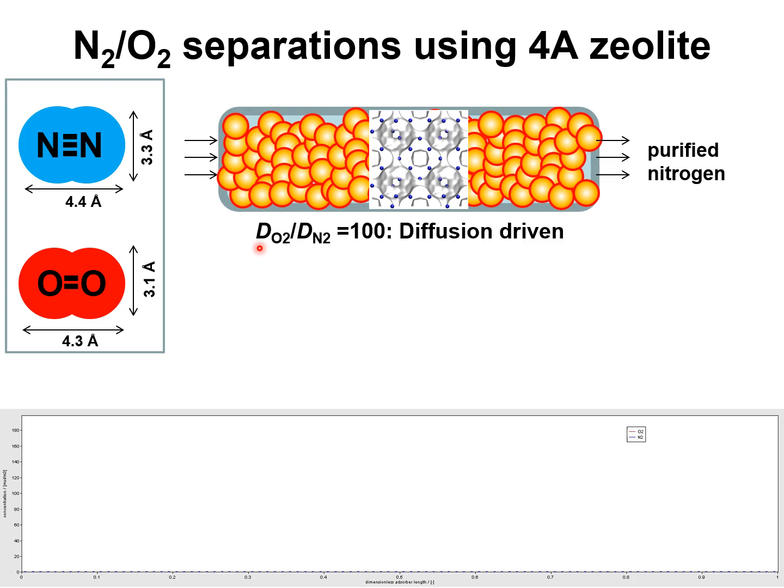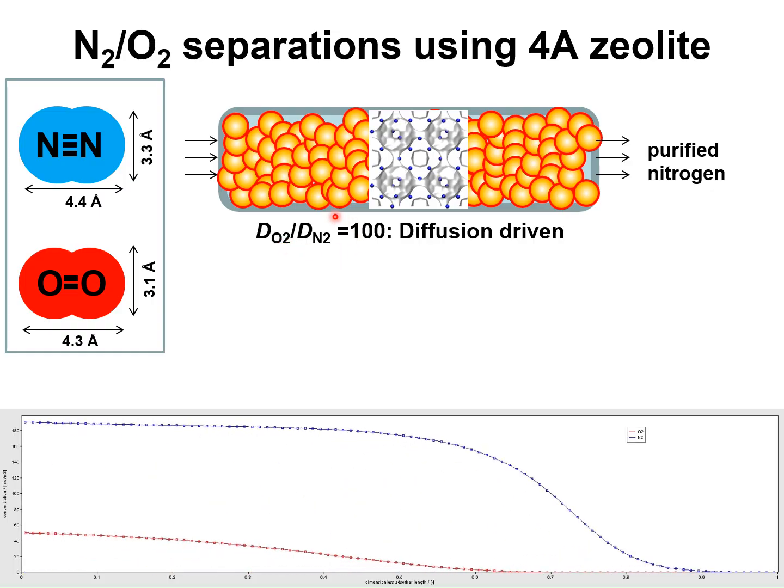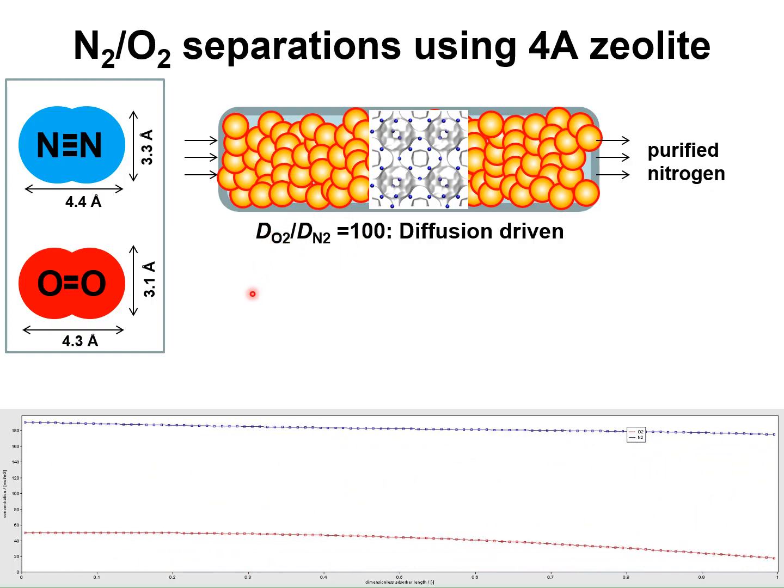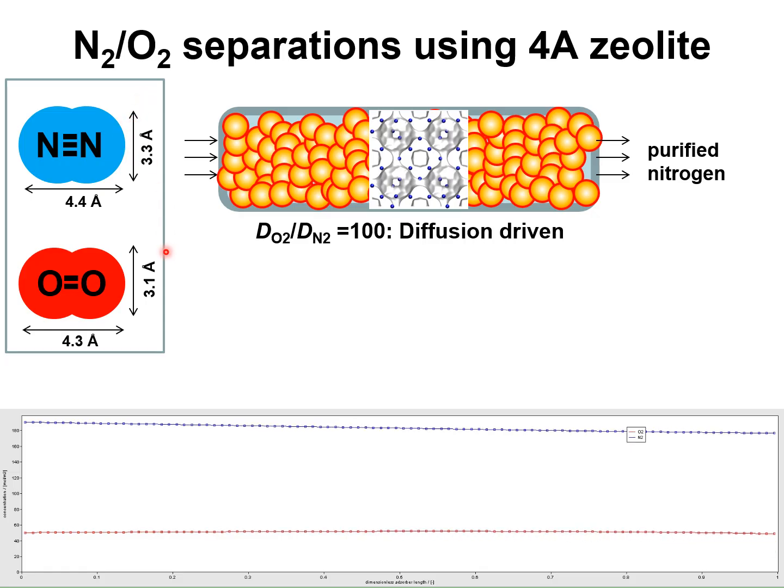Due to the large diffusion selectivity that favors oxygen, the separation of nitrogen-oxygen mixtures is driven by diffusion, which overrides mixture adsorption equilibrium.